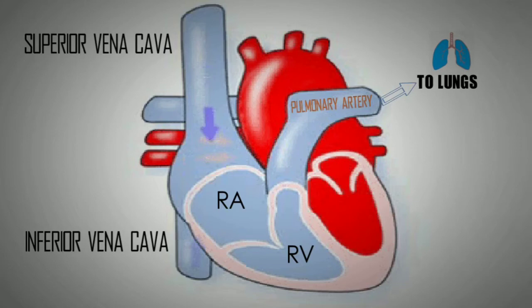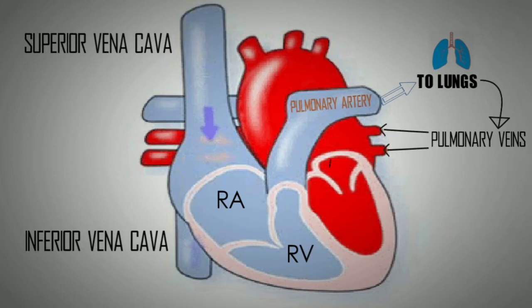Now the lungs will make it oxygenated. Afterwards, oxygenated blood will move towards the left auricle with the help of pulmonary veins. Then blood moves towards the left ventricle, and from the left ventricle it will be distributed to the whole body with the help of the aorta, which is the largest artery of the body.